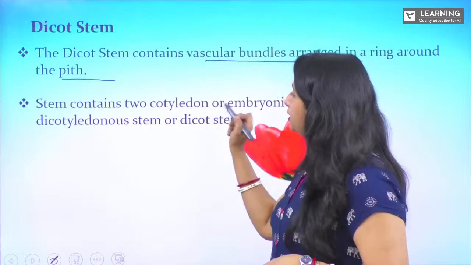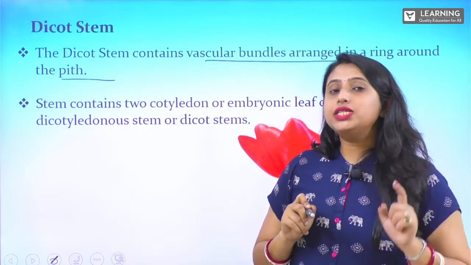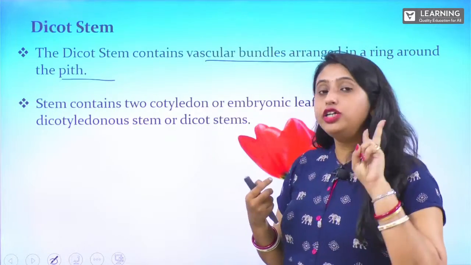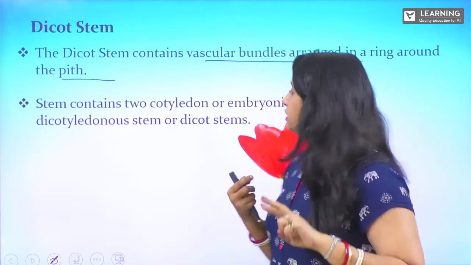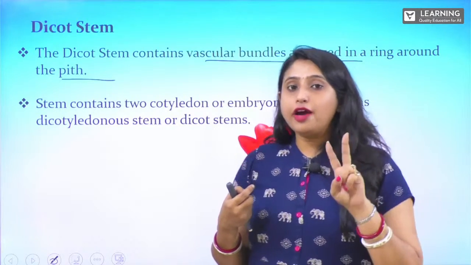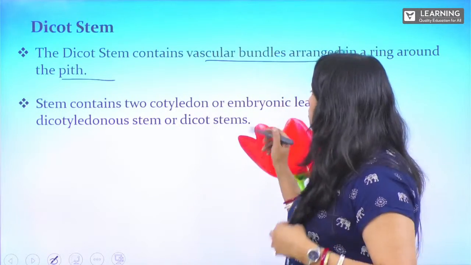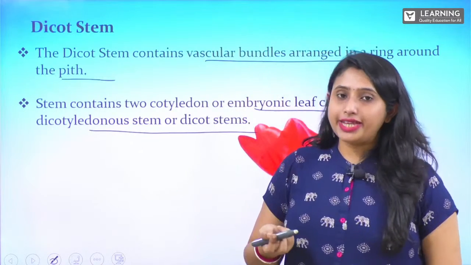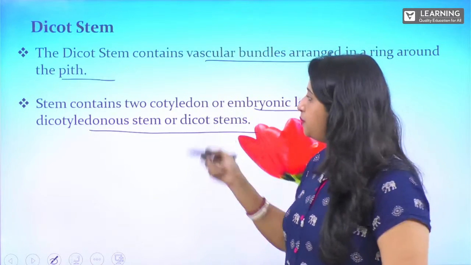So the stem contains two cotyledons. As we are talking about dicotyledonous, dicots always have two cotyledons, or embryonic leaves. So how many cotyledons do they have?